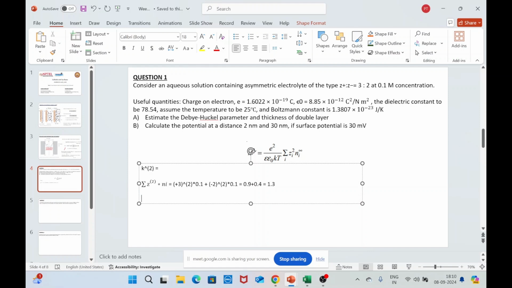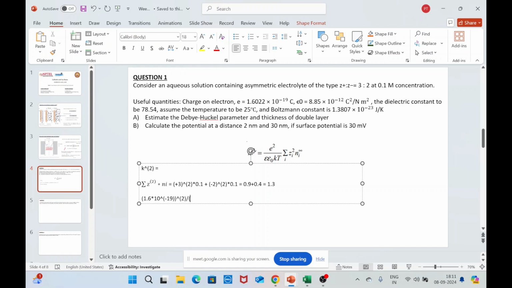Now let's calculate the rest, that is e square by epsilon naught times kT. So e square is 1.6 into 10 to the power minus 19, the whole square, divided by epsilon times epsilon naught.